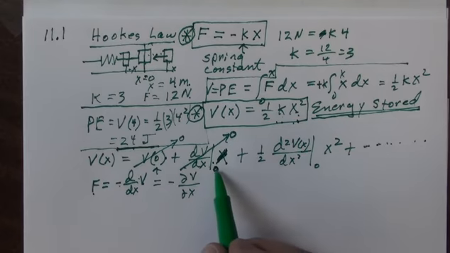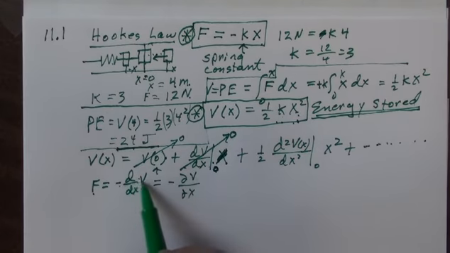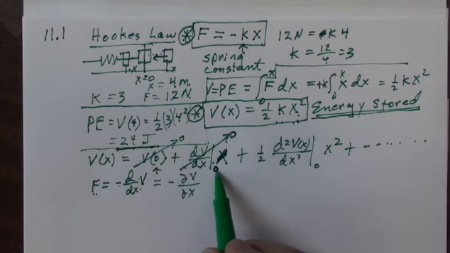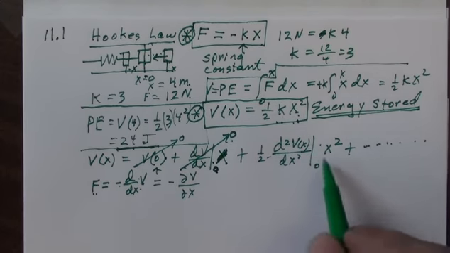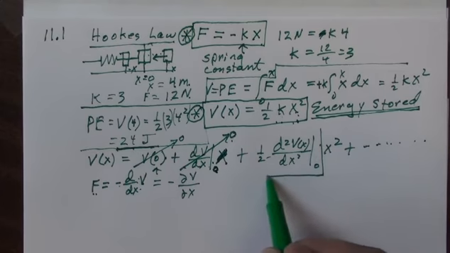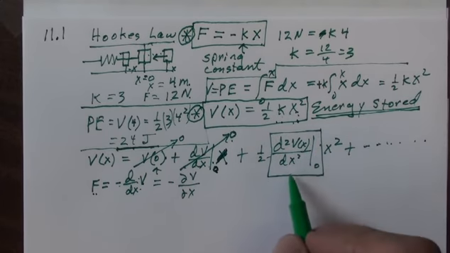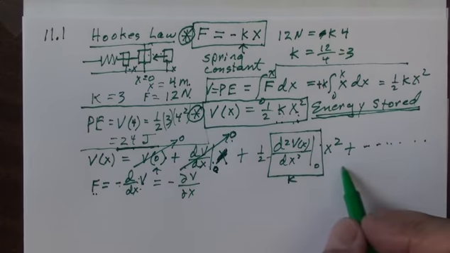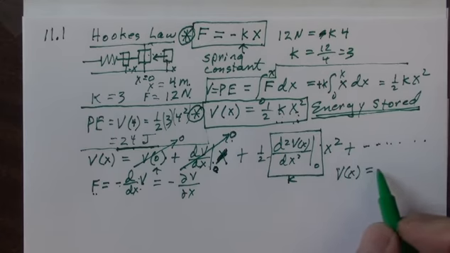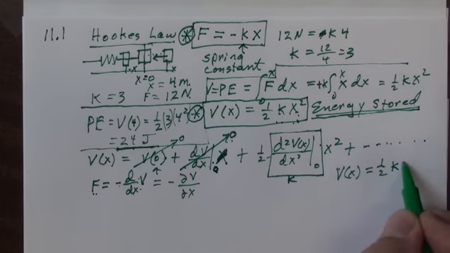If it's in equilibrium at that point, then we're basically saying dV dx would be the force, but there's no force at the exact center. Therefore, this term vanishes. That leaves this term here. This term here is a constant. We're going to call this constant k, and so what we end up with is V of x to lowest order approximation is equal to 1/2 k times x squared.